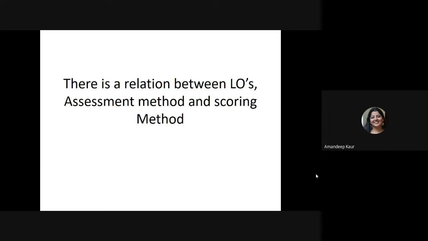So the next question arises that I as a teacher, I'm going to define learning outcomes for a specific subject. I will decide that this will be the assessment strategy I'm going to use for my class student. And when it comes to the scoring method, say for example, if it is an external examination, in India, in the technical education system, in many of the private universities, deemed to be universities, and other universities and institutions, the scoring method is defined by the board and university.